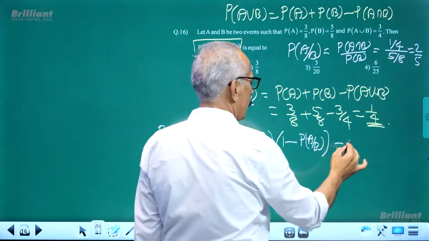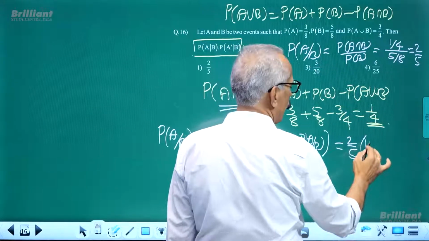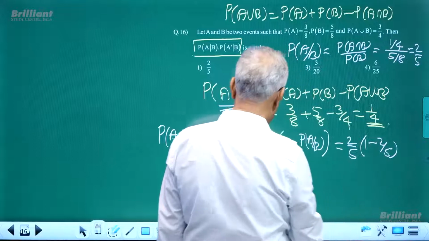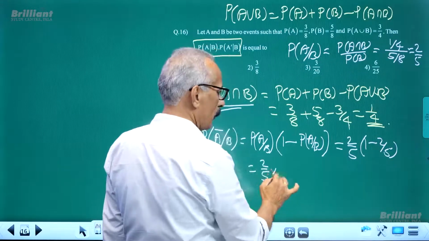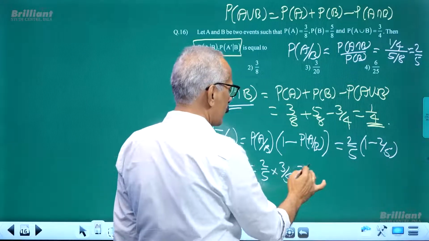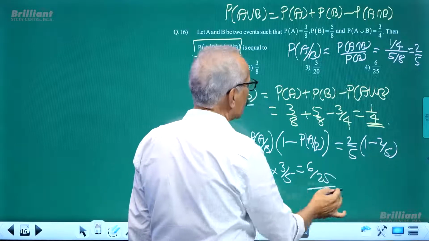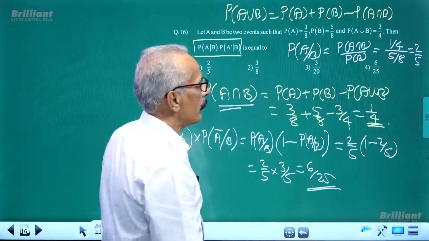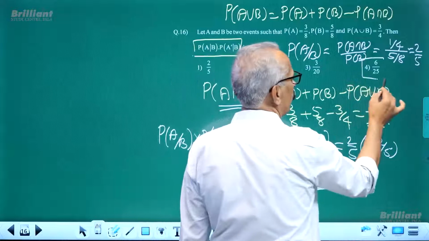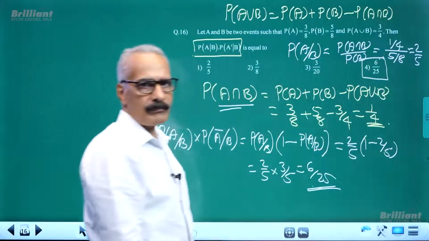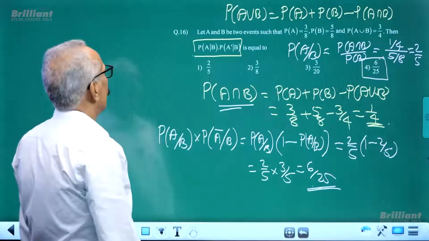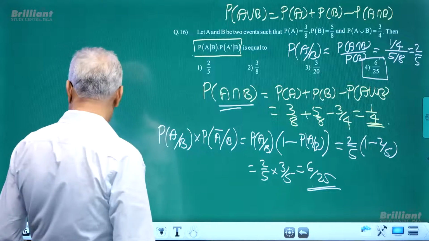So your answer is 2 by 5 into 1 minus 2 by 5. That is 2 by 5 into 3 by 5. 6 divided by 25 is your answer. 6 divided by 25, that is 4. That's your answer. Look at the way we solve. Okay, we'll move on to the next question.